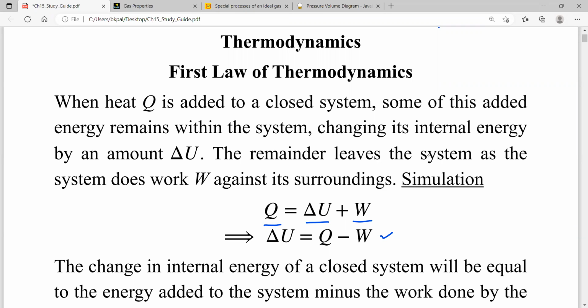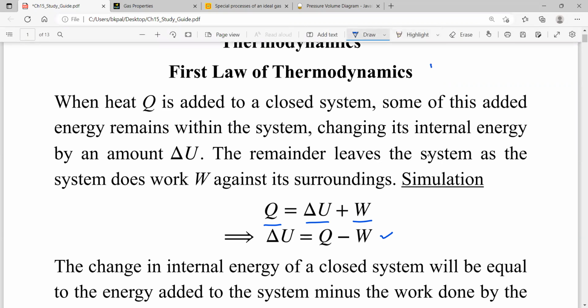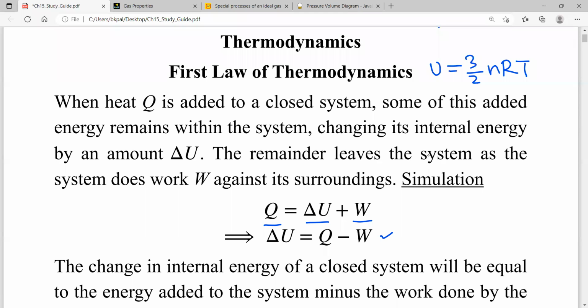For a monoatomic gas the internal energy was U equals 3/2 nRT, and for a diatomic gas it was 5/2 nRT. So what I mean is internal energy is proportional to the absolute temperature T.